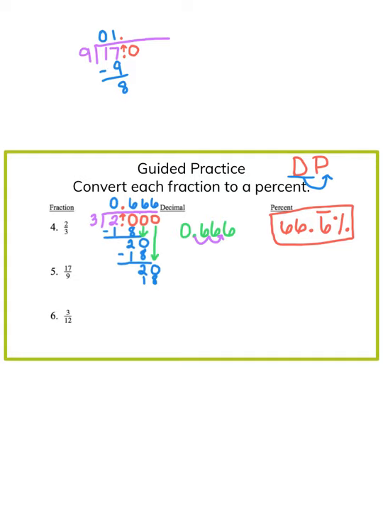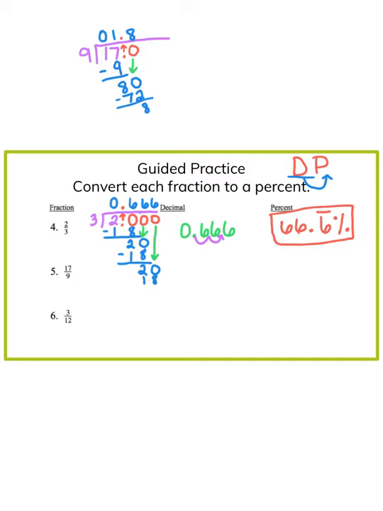Now I can bring the 0 that I added down and figure out how many times 9 can go into 80. I know 9 can go into 80 8 times. 9 times 8 is 72. When I subtract 72 from 80, I get a remainder of 8.